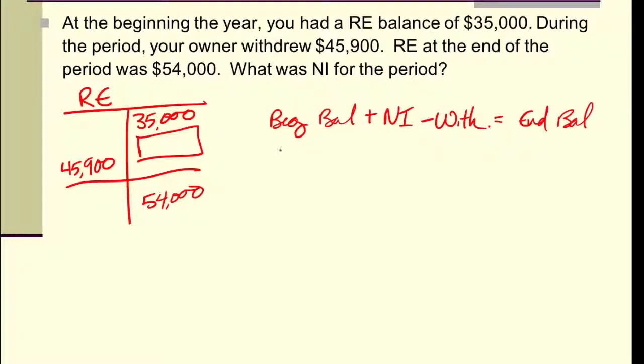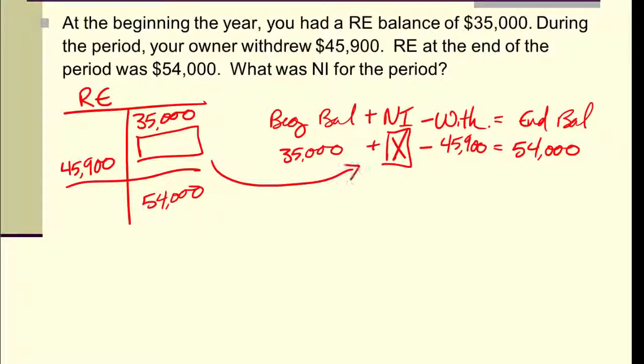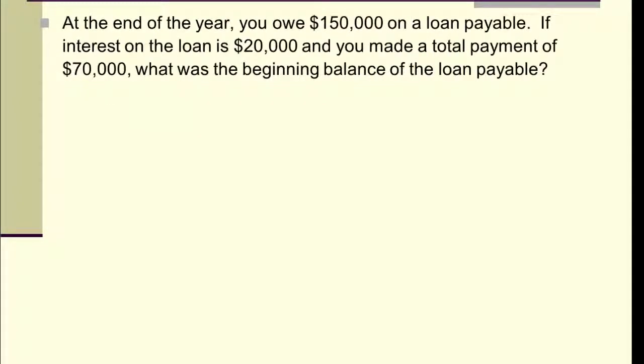So let's see. 35,000. I don't know that number, I'm looking for it. And we end with 54,000. And again, either way, we're going to end up with the same value, $64,900.